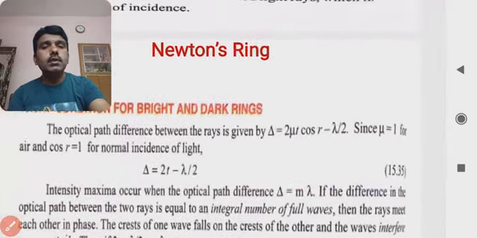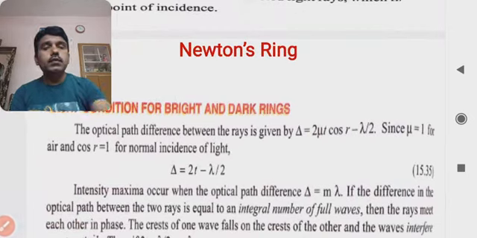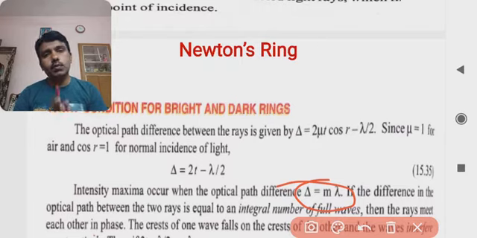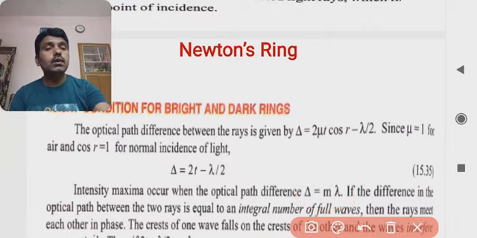But the important factor is the amount of the path difference. म्हणजे जेव्हा हा पाथ डिफरन्स दोन रेज मधला, जे दोन रेज रिफ्लेक्ट व्हायले तुमचे एअर फिल्ममुळे एक डी पॉईंट पासून आणि एक जे पॉईंट पासून, आणि ज्या वेळेस हे रिफ्लेक्ट व्हायले त्यावेळेस ह्यांच्यामधला जो पाथ डिफरन्स आहे तो 2t मायनस लॅम्बडा बाय 2 याने जो रिप्रेझेंट केला, तो जो पाथ डिफरन्स आहे जेव्हा इन्सिडंट लाईटच्या वेवलेंथ एवढा असतो, त्यावेळेस जो पॅटर्न मिळतो, तो equal to integral number of waves.